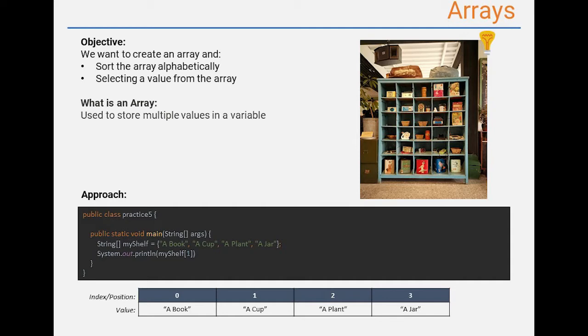And so the way you can think about it, and I know that for me at first an array was a little bit confusing, but an array is kind of like a shelf, and I have this picture here that you can visualize. You can see that this shelf has a few compartments.